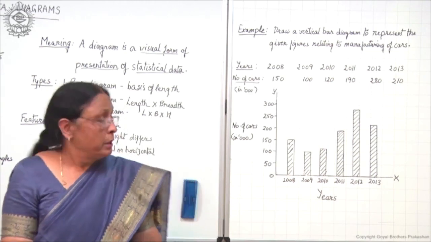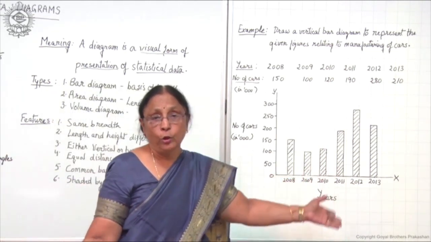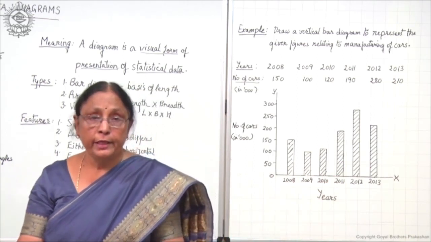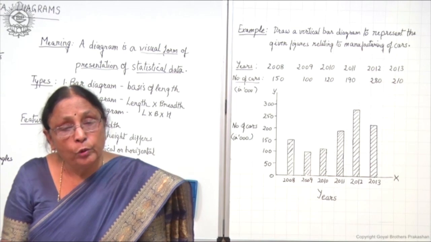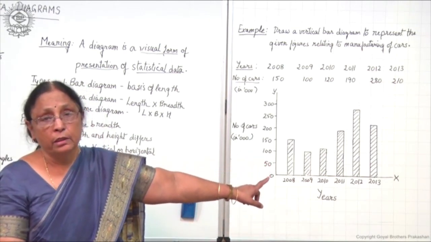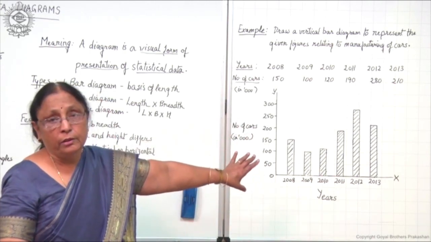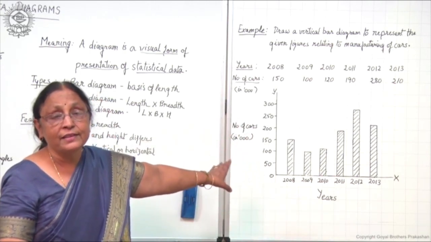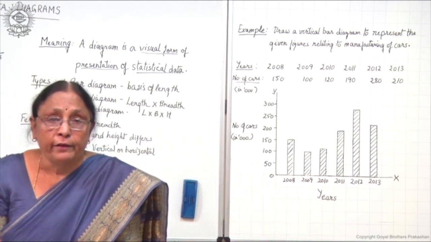Why? Because when you divide the axis OX equally, then obviously the gap will be the same, and when you are taking the width equal, then also it will give the equal gap between the bars. And this way when you present the bar, doesn't it look good? This is a neat and clean way of showing the bar diagram.